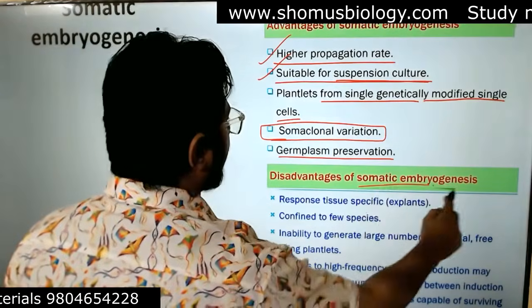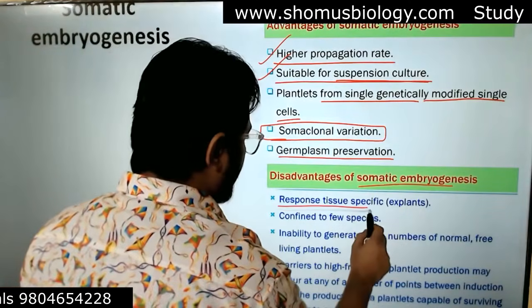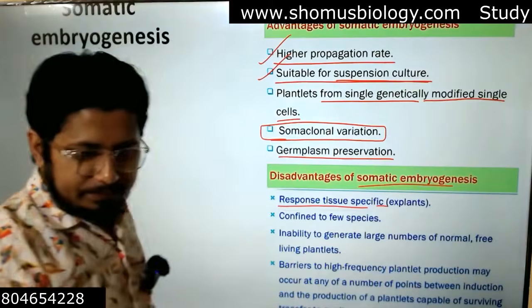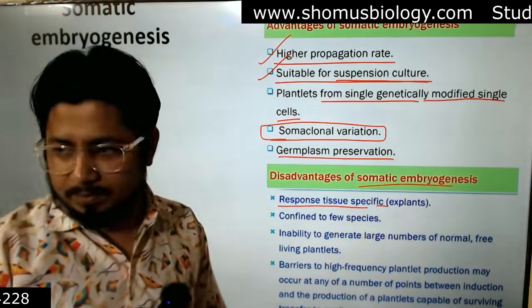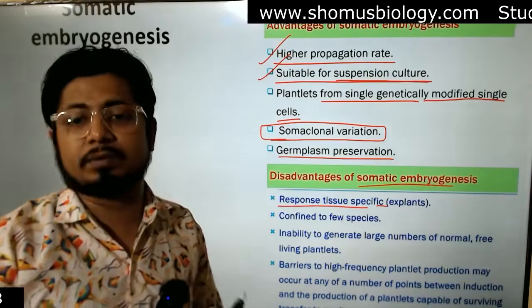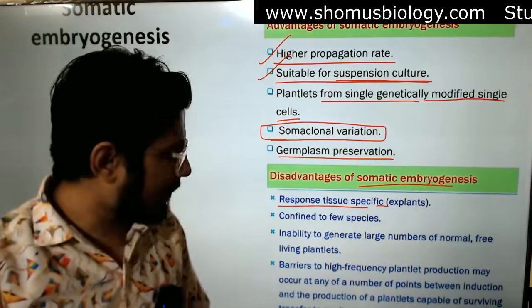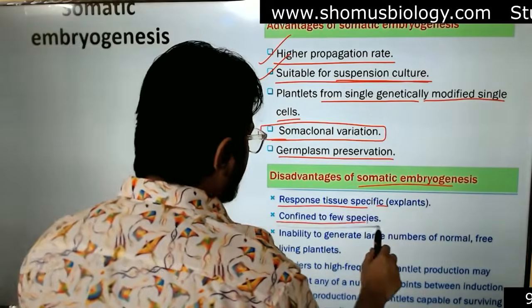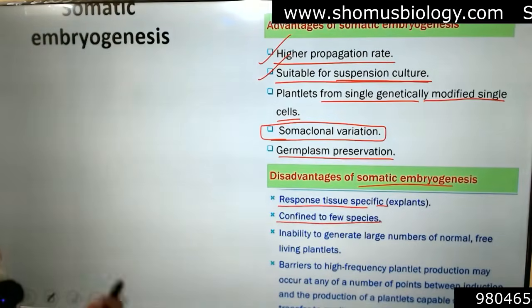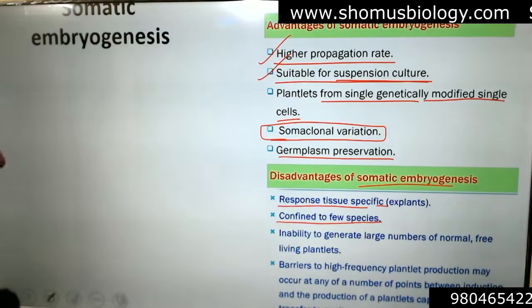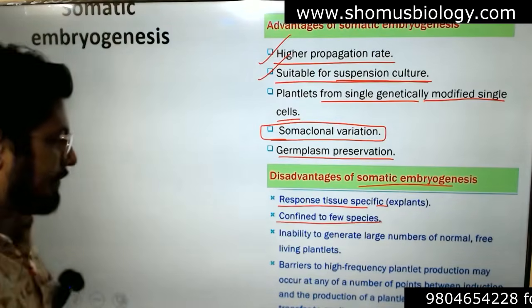Disadvantages of somatic embryogenesis: the response is tissue specific, meaning the way the somatic embryo develops depends on what kind of tissue we are utilizing. It is confined to only a few species.